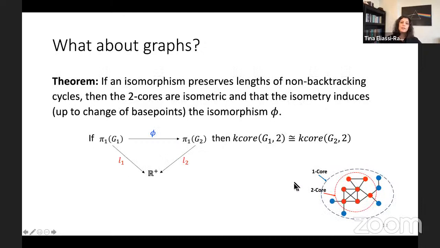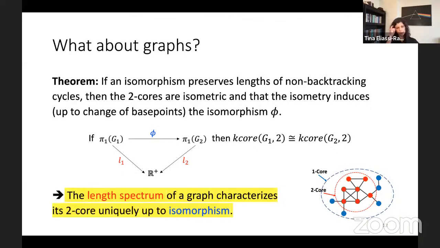So then the theorem that Constantine and Lafont showed, given the mapping to graphs, is that if an isomorphism preserves lengths of non-backtracking cycles, then the 2-cores of these two graphs are isometric, and that isometry will induce an isomorphism up to a particular base point.